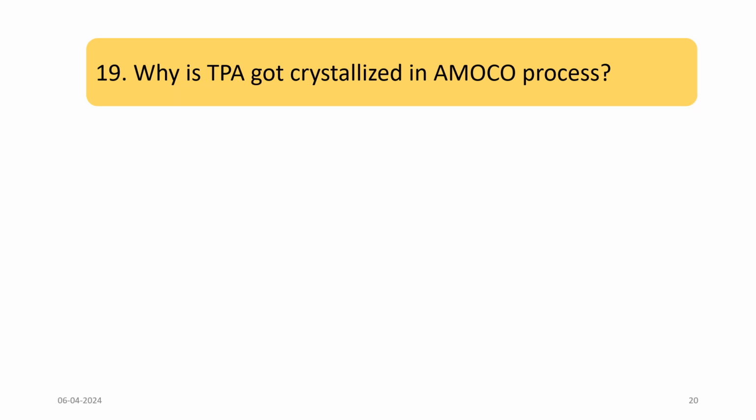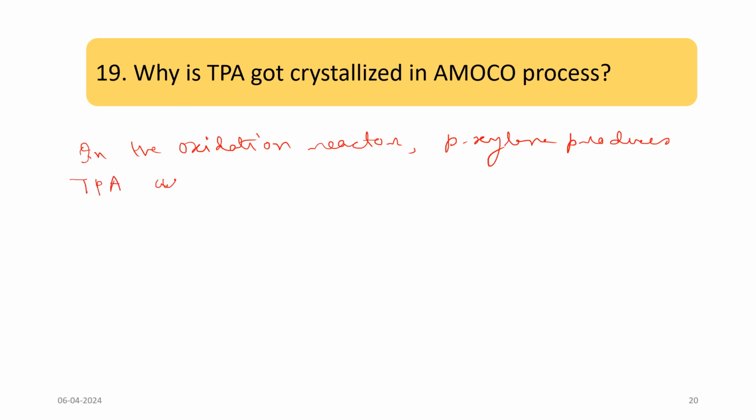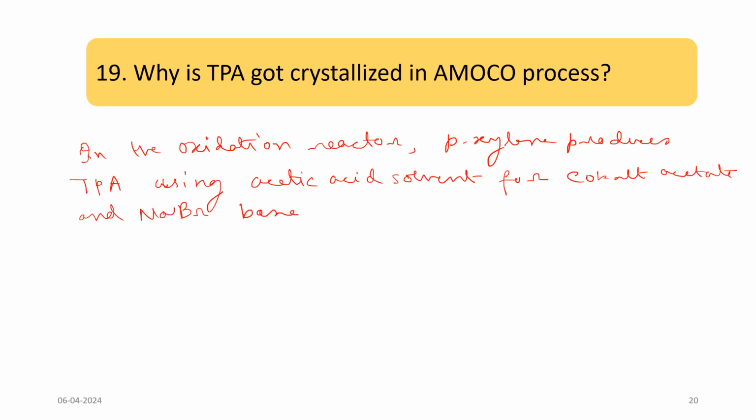In the Amoco process, in the oxidation reactor itself, paraxylene produces TPA using acetic acid as the solvent, with cobalt acetate and sodium bromide based catalysts. So acetic acid is present in the reactor, right?